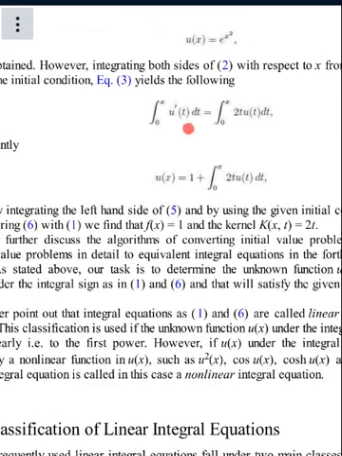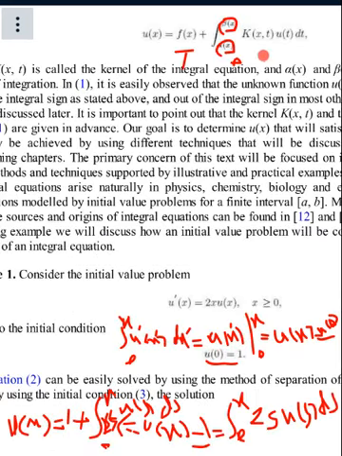Did you understand? Is it clear? What do we have instead of beta of x? Compare this equation with the definition. We have x here, don't we?